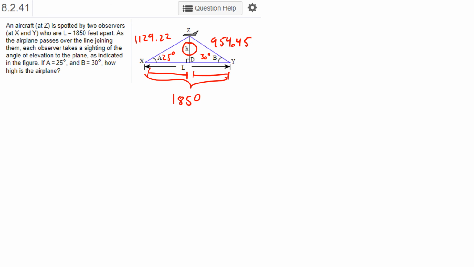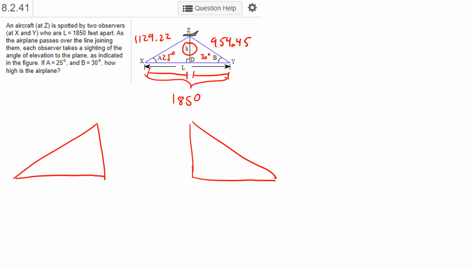So instead, we're going to take a look at splitting the large triangle into the 2 smaller ones. So the triangle on the left versus the triangle on the right. Now the triangle on the right has 30 degrees here and a right angle, and this is definitely 954.45.